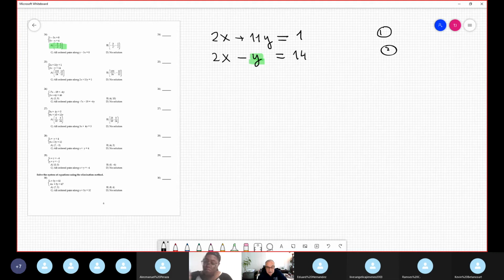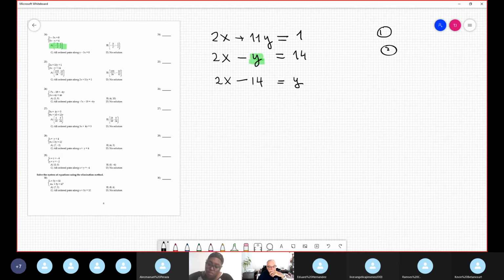So you solve for this. There are many ways to do this. One possibility is, for example, 2x stay here, I move y to the other side, 14 to the other side, like a -14. This is one possibility. Another possibility, y stays here, you move 2x to the other side and change the sign.